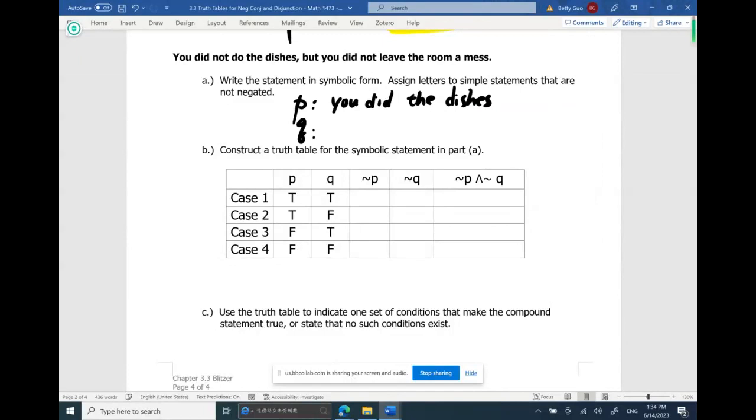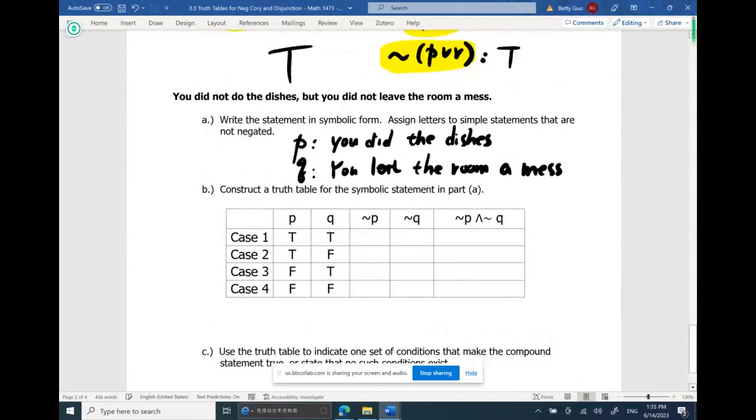And Q, you left the room a mess, because the question requires us to use simple statements that are not negated.